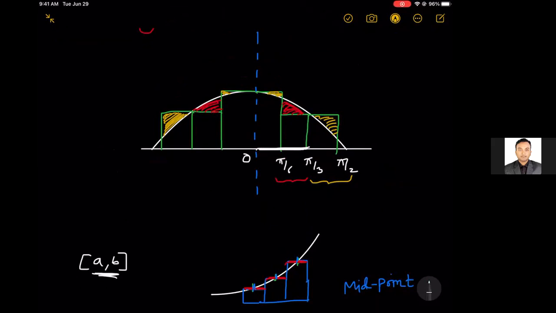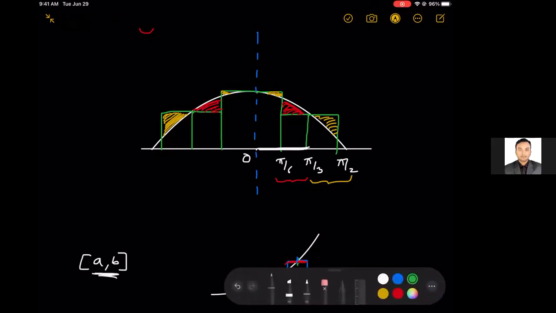We are trying to approximate the area under this curve using the area of the rectangle, right? Remember, we are using a rectangular shape. And what's the area of a rectangle? Anyone? Length times width. Very good.